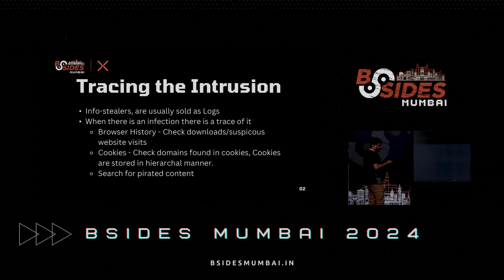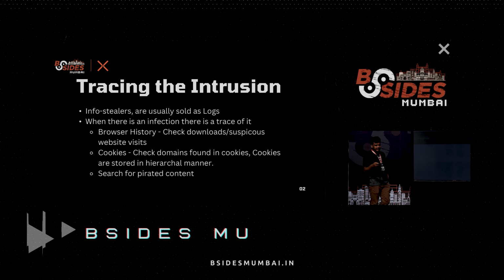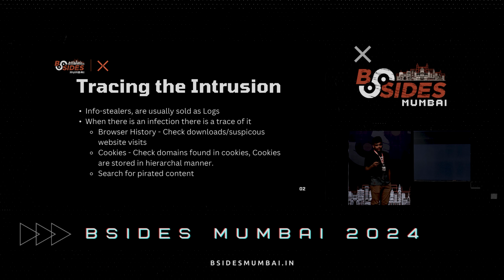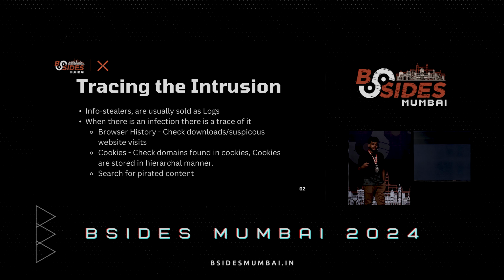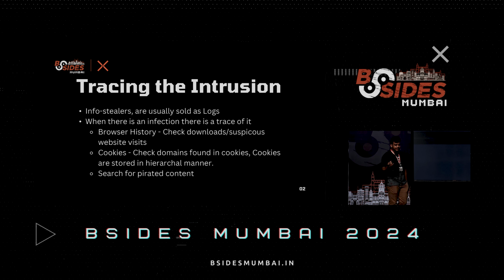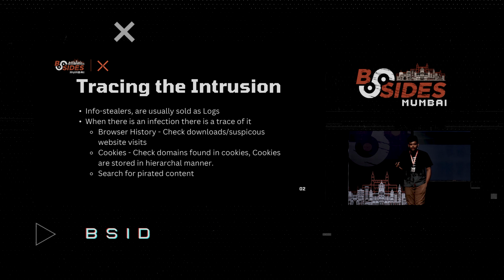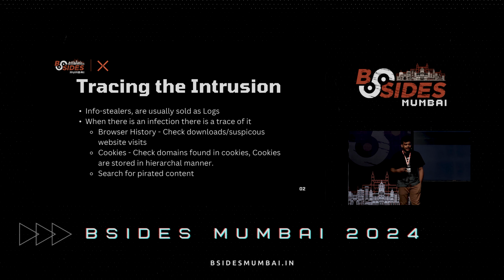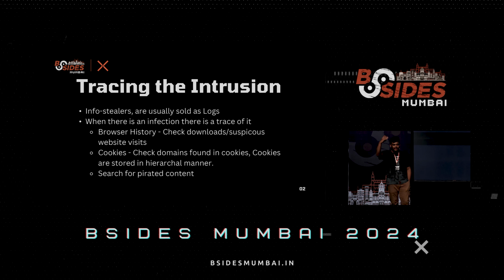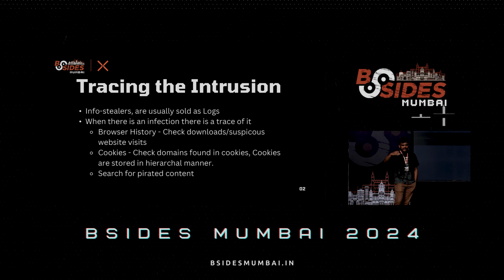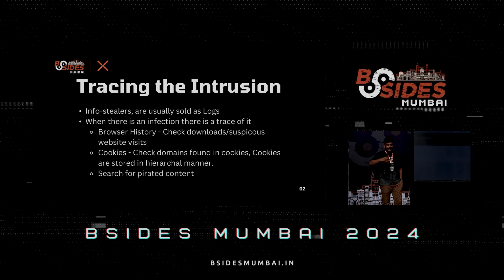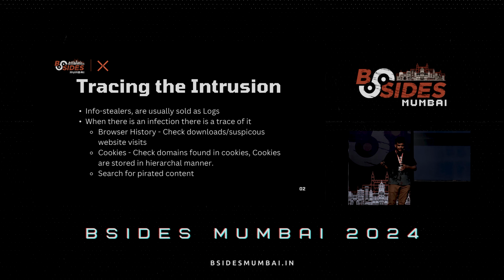And the second one: I was telling malware logs are being sold, right? From those, you can still find out how the user got infected. One thing is browser history. From browser history, you know what he downloaded. From cookies, you know cookies are stored hierarchically, right? You visit Google, you visit YouTube, all those visited sites get layered on top of each other like a stack. And when malware exfiltrates, it exfiltrates in the same way.